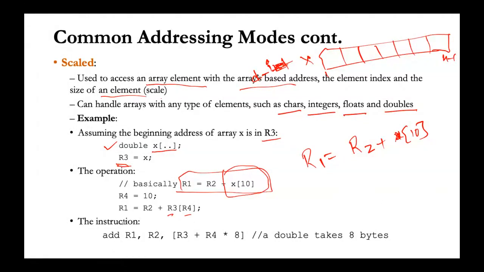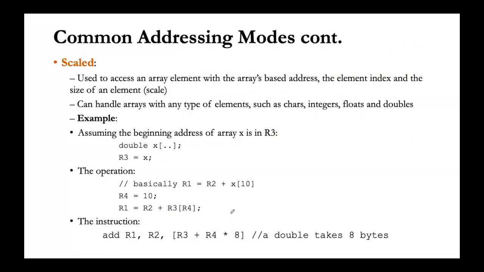Then it will be written as an addition operation: destination is R1, source 1 is R2, source 2 is the base address plus the offset element, which is multiplied by 8. Why? Because we are using double. If it is, suppose, integer, then it is multiplied by 4. A double takes 8 bytes here. So this is the scaled one.